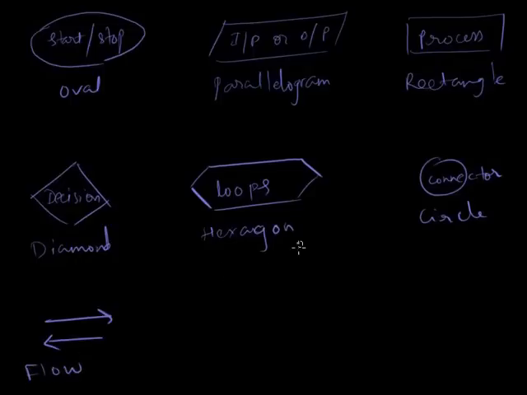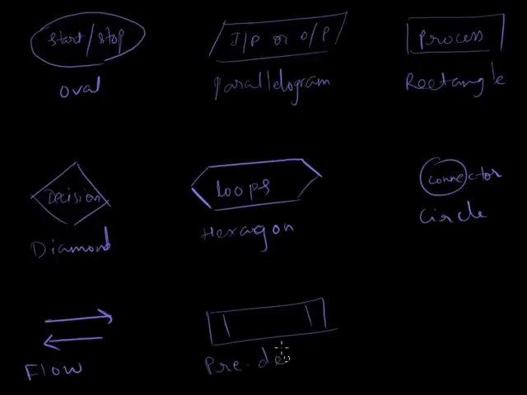And if you have some predefined process, we'll learn what a predefined process is. But for now, a predefined process is anything which is already defined in the language. So this predefined process is represented by this structure. So these are the symbols of a flowchart.